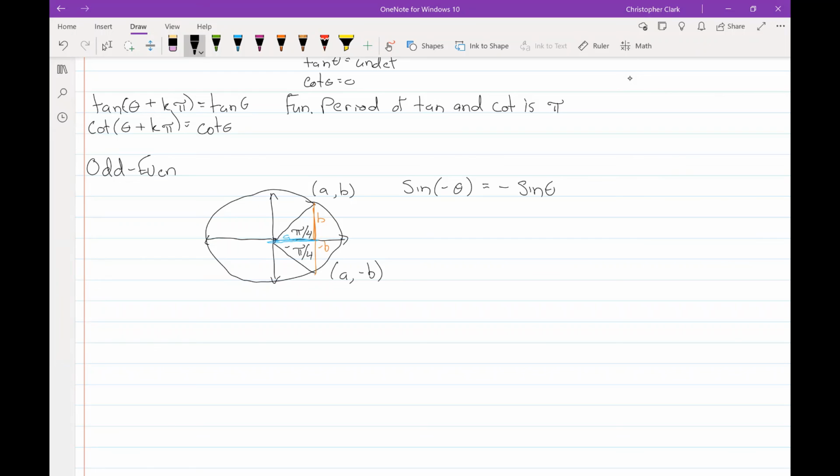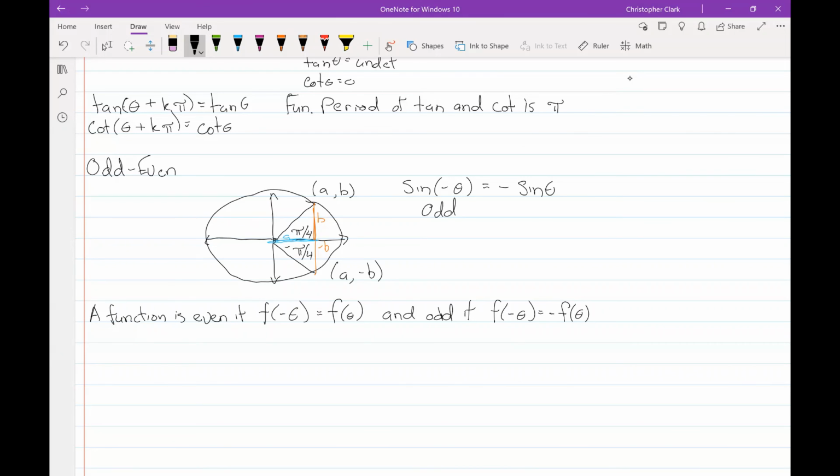So this makes it, if we remember a definition from algebra, a function is even if f of negative theta equals f of theta, and odd if f of negative theta equals negative f of theta. So in this case, sine is therefore odd.